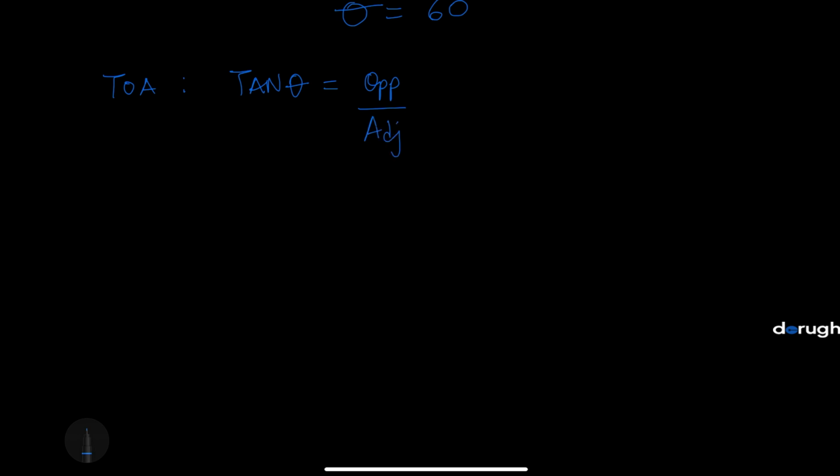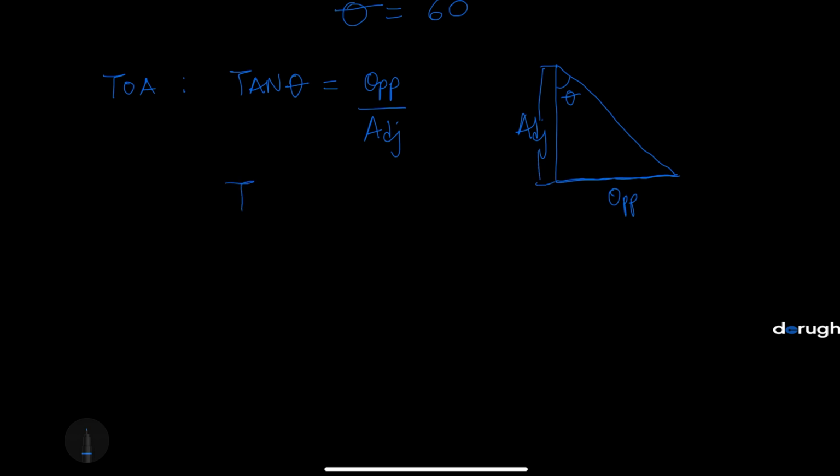For this one, let's see if I can draw a different triangle. We're looking for a different angle now. If we have this triangle, we're trying to find this angle theta. It will mean this is our opposite, right? And this is our adjacent. So the ratio of this to that.